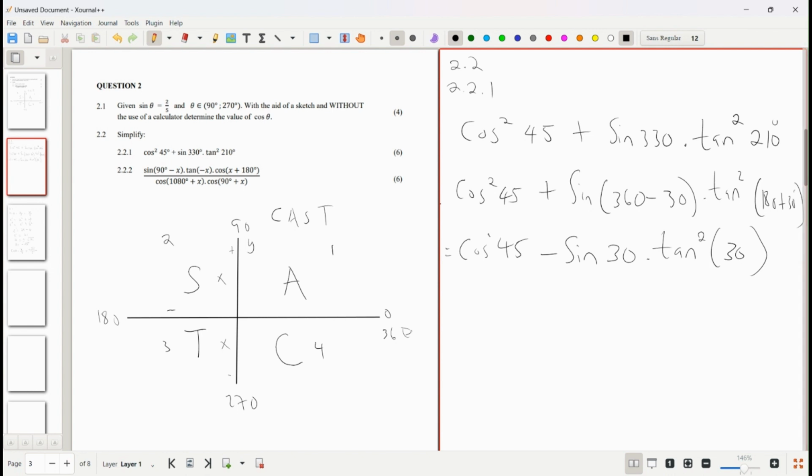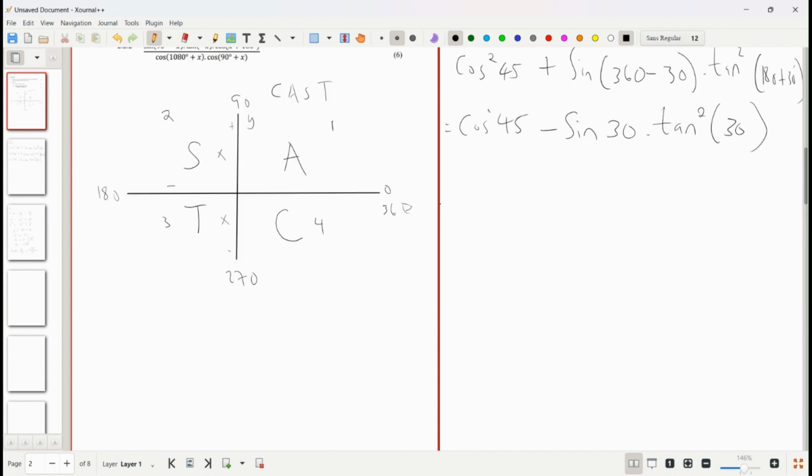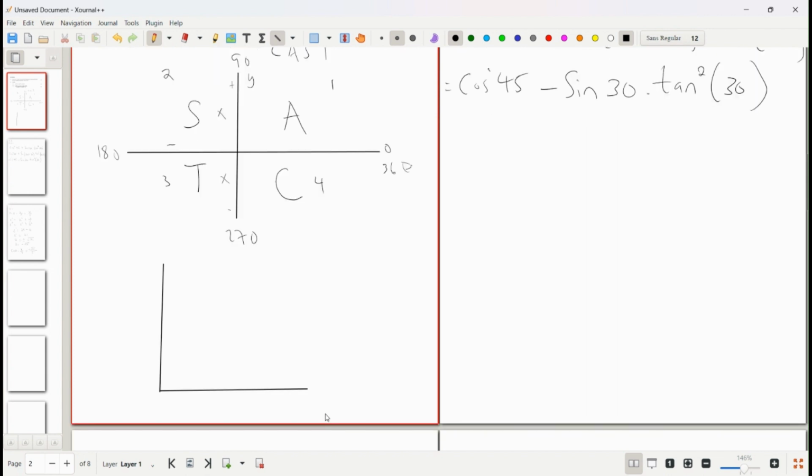So the next thing we can do here is we can see we have special angles. We have 45, we have 30, we have also 30 here. So I'd suggest that for special angles, we draw this first quadrant, okay?